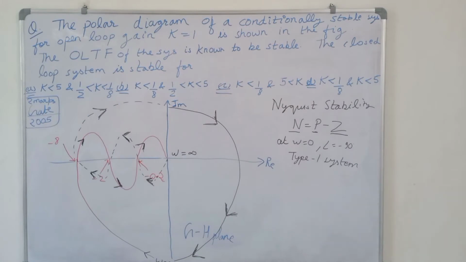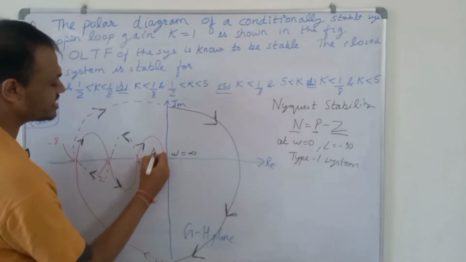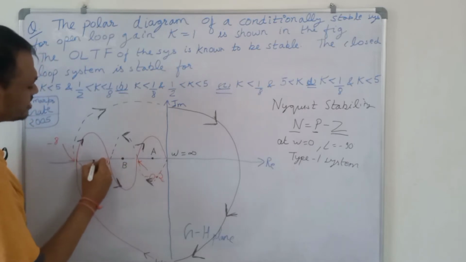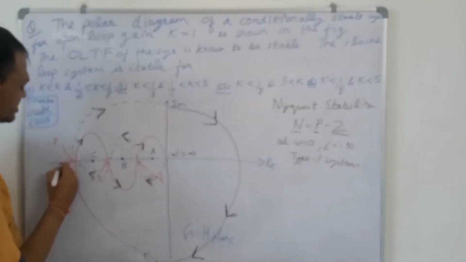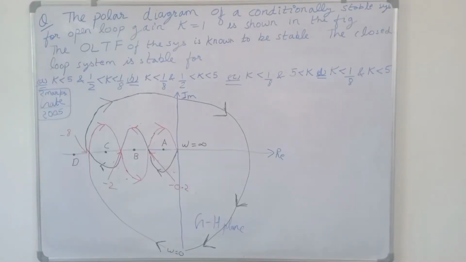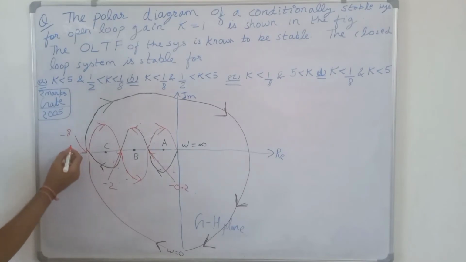Now the critical point can be at one of these locations. So there are 4 possible locations for the critical point: this location A, this location B, this location C, and this is the location D. We have to check the stability of this polar plot at all of these 4 locations A, B, C and D. The open loop gain k is given as 1 here, so we have to multiply all these points with k.